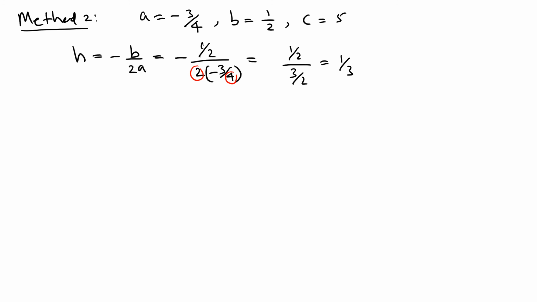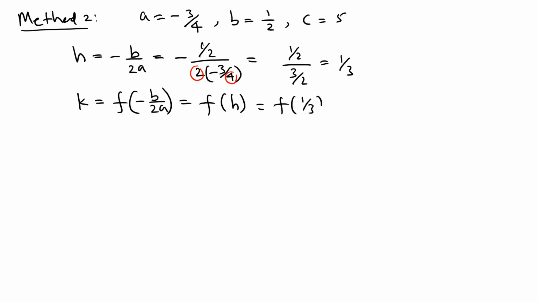Good. And then to find the k value, we're going to go to f of negative b over 2a, which is simply the h value. That means f of 1/3. So you plug 1/3 into the function.